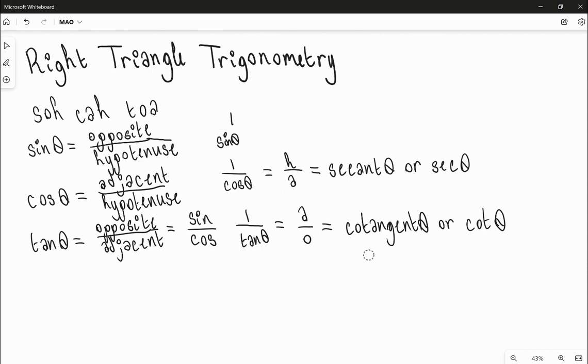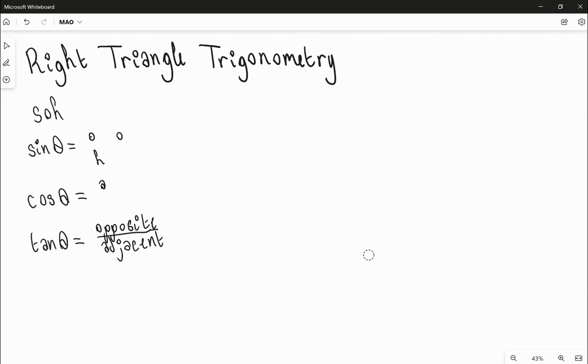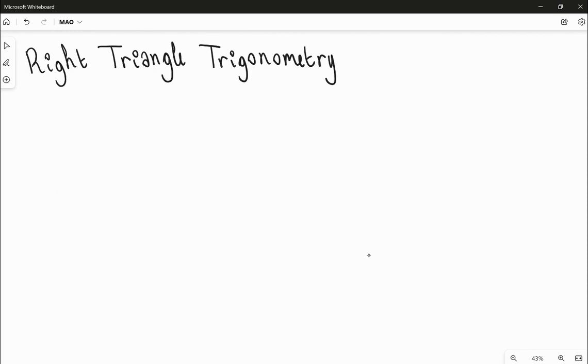So let's do a practice problem with one of the new trig ratios. Let's get rid of everything here. There we go. All right, let's do a triangle like this.